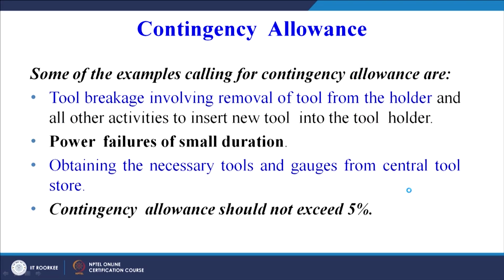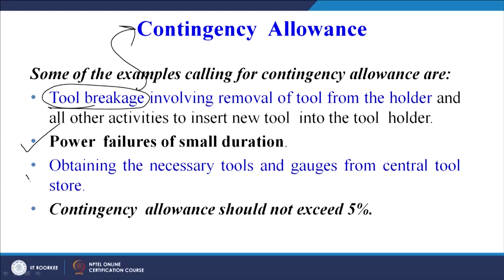So for contingency allowance, some examples are given here. Some of the examples calling for contingency allowance are: tool breakage involving removal of the tool from the holder and other activities to insert a new tool into the tool holder. Tool breakage is not a regular activity, it is irregular, infrequent.